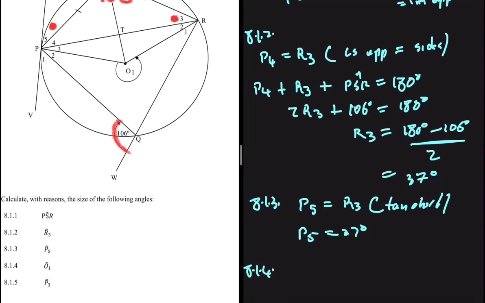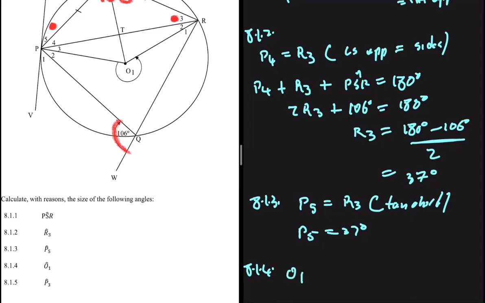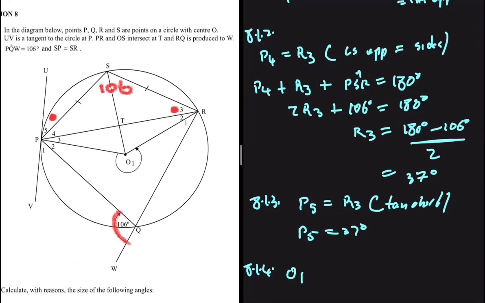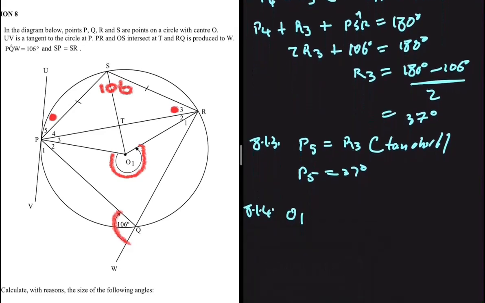8.1.4, we're looking for the size of O1. Like we have already deduced earlier in the video, O1 should be equal to 2 times angle PSR. The angle at the center is twice the angle at the circumference if they come from the same arc.